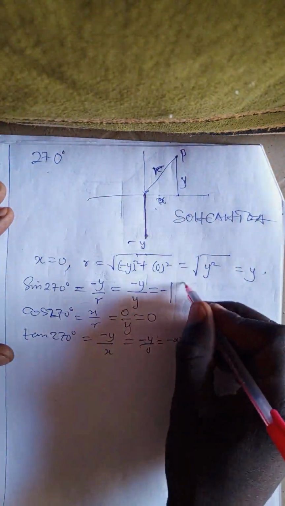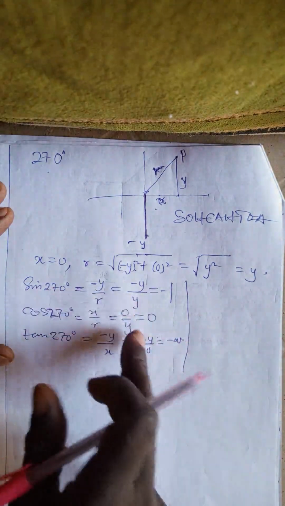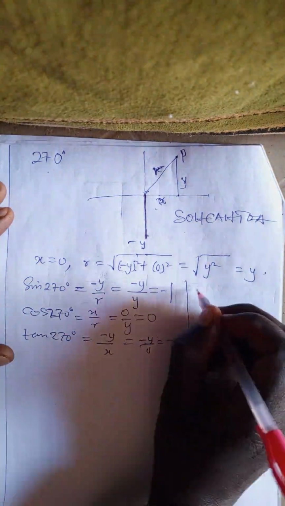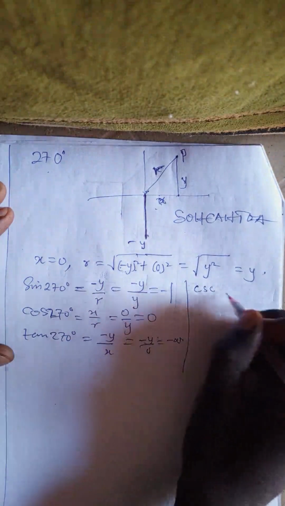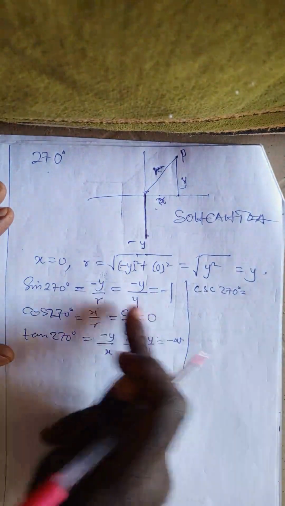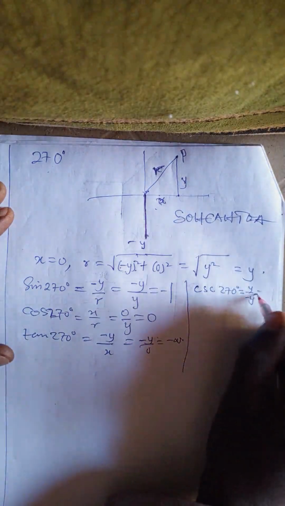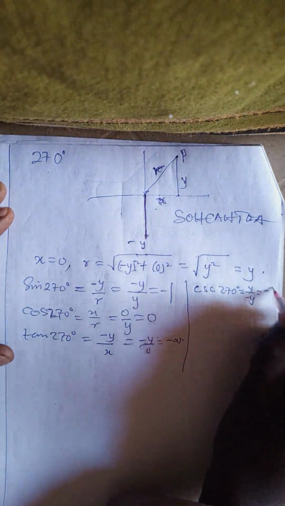Now, the other three trigonometrical functions that can be generated from these first three are cosec, sec and cot. Cosec 270 degrees is just the inverse, so y over minus y, and that's equal to minus 1.